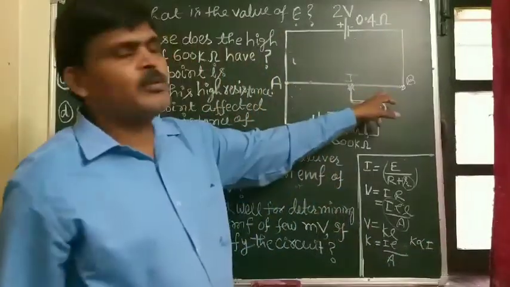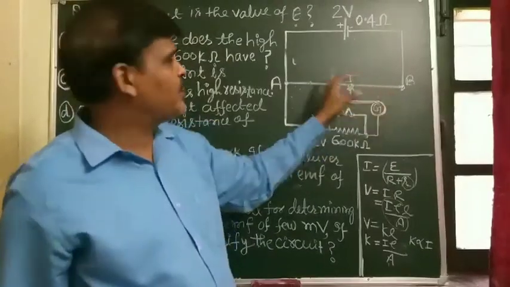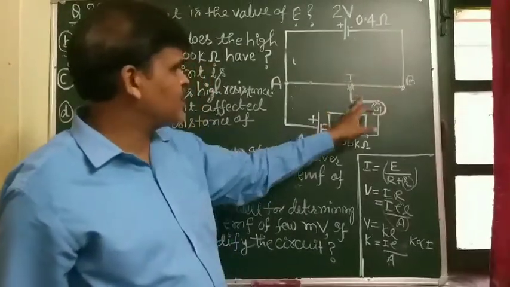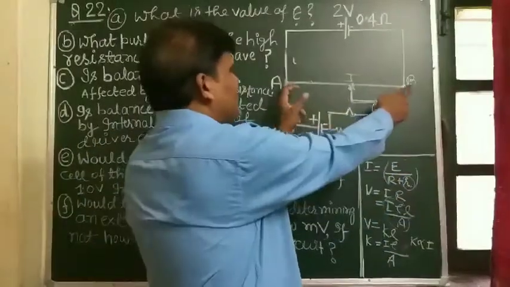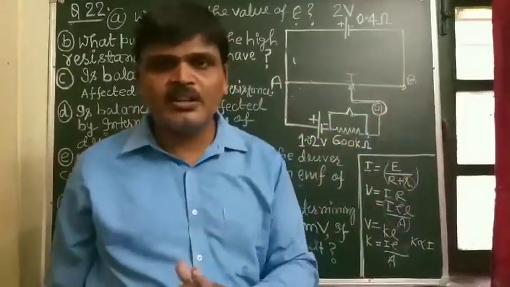If the current through the potentiometer wire decreases, the potential gradient across the potentiometer wire also decreases.